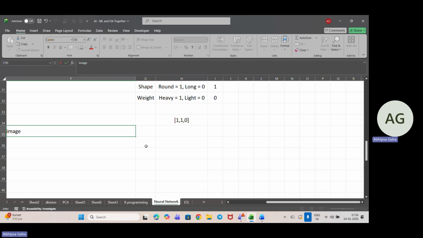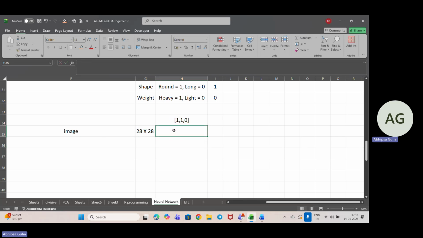Now suppose I have an image that is 28 cross 28, then of course I'll have 784 pixels, right? So the input layer has 784 neurons, and each neuron is equal to 1 pixel value.